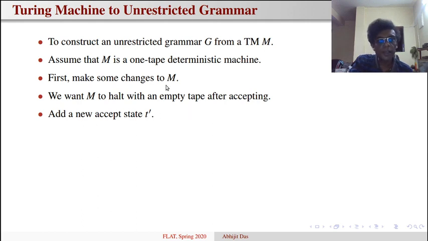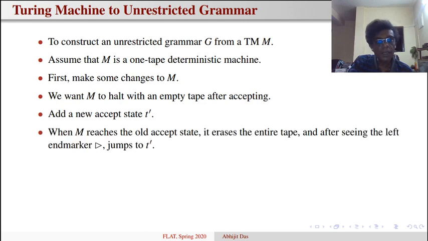Whenever the earlier machine M goes to the old accept state T, it erases the entire tape and then eventually comes back to the left end marker, then it jumps to T prime.